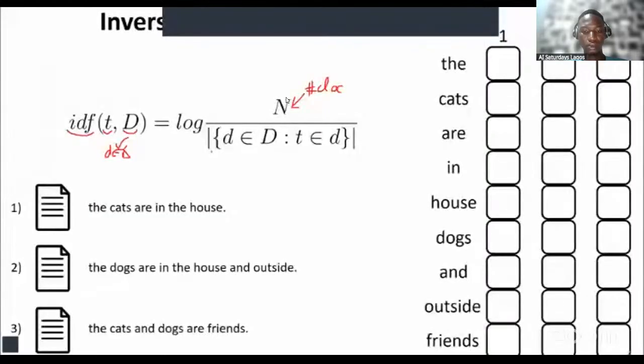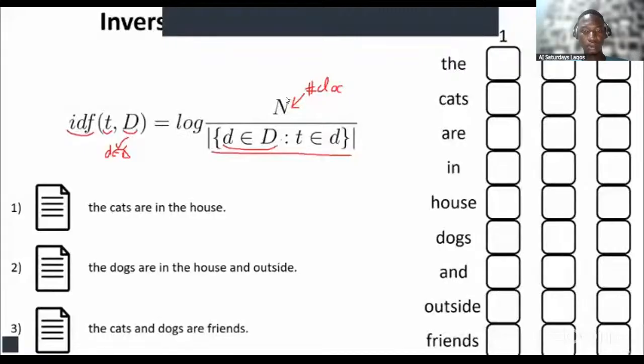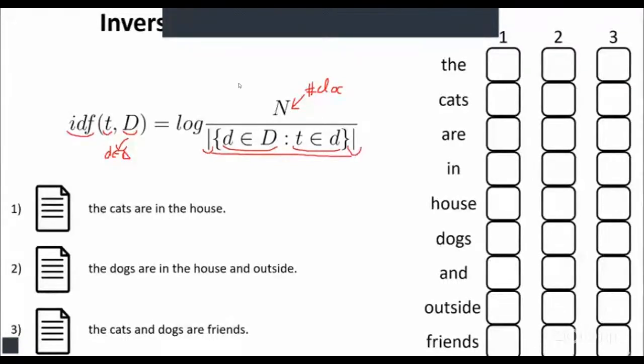And here on the denominator, we compute a set of documents, so d in all our documents, that have the property that they contain the term T. And finally, we compute here the cardinal of that set.